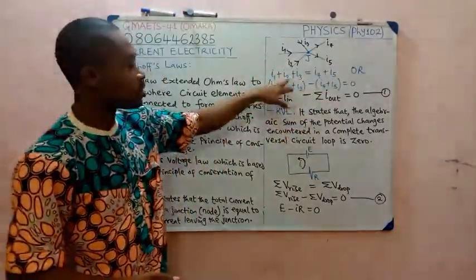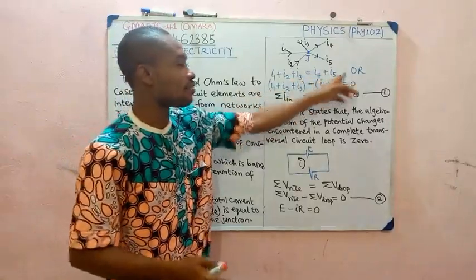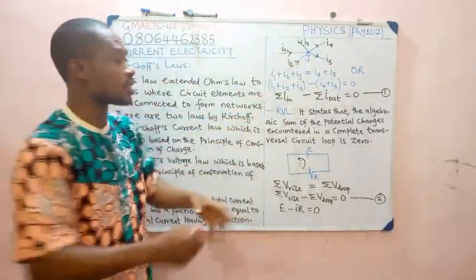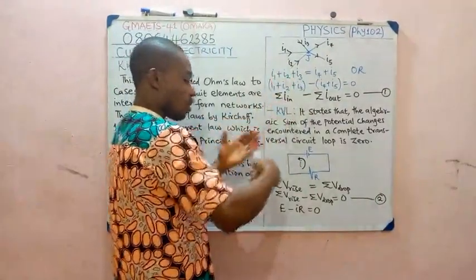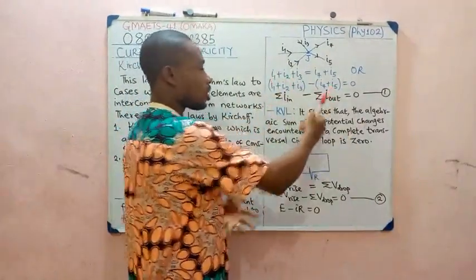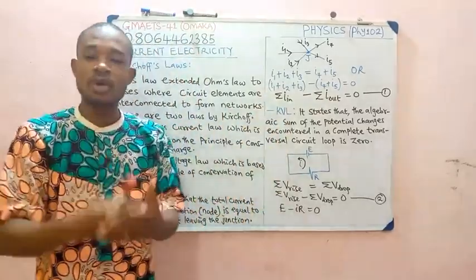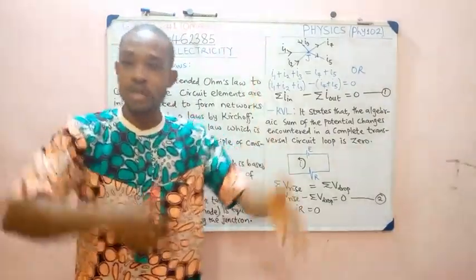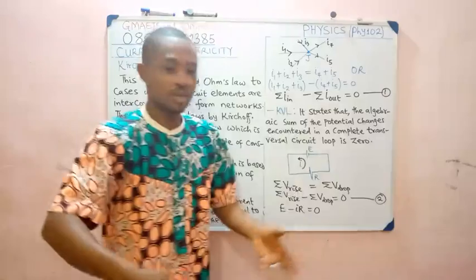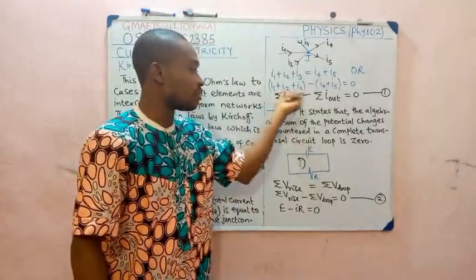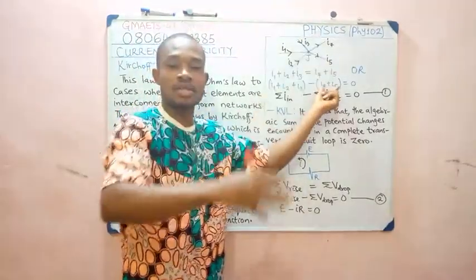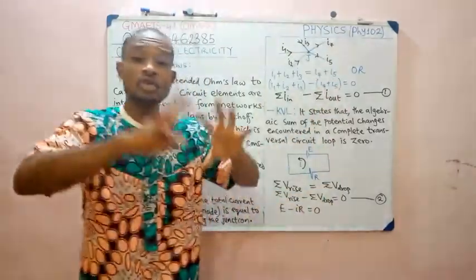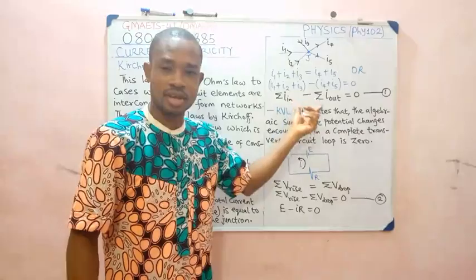Now, if you transfer I4 and I5 to the left-hand side, for example, you'll notice that this will become the summation of current in, and this the summation of current out. Therefore, the algebraic sum, where you have plus and minus terms: all these terms are positive, these exit currents are negative. So we can say the algebraic sum, putting them together.